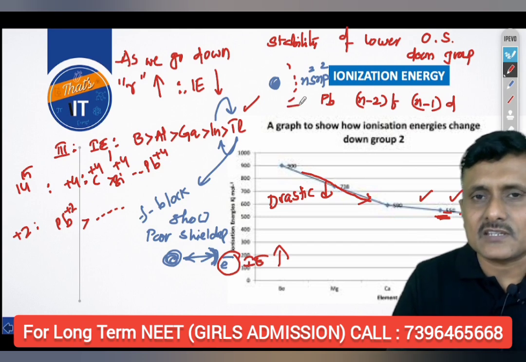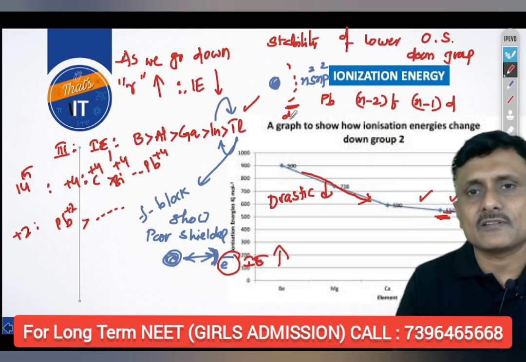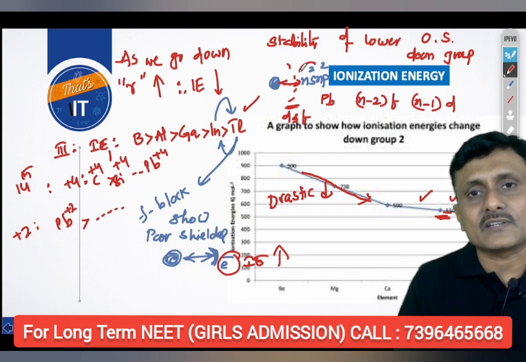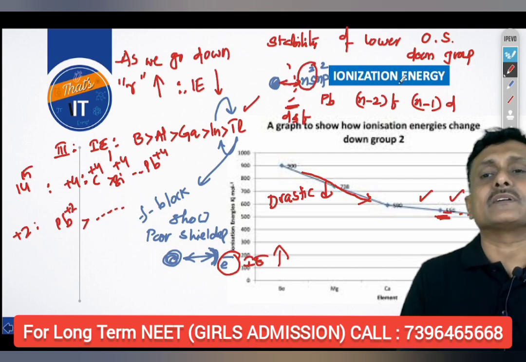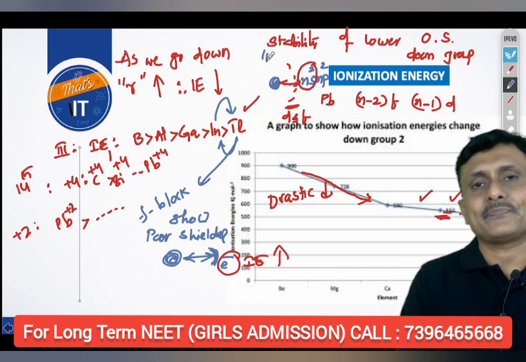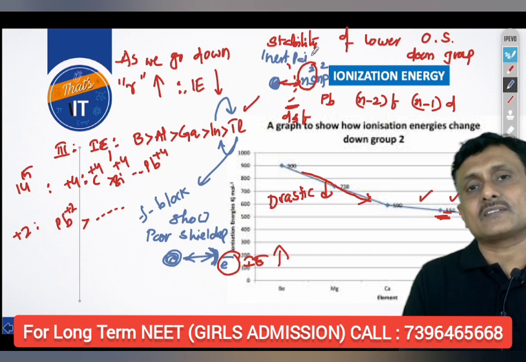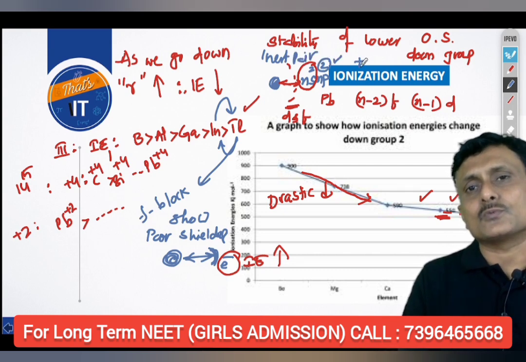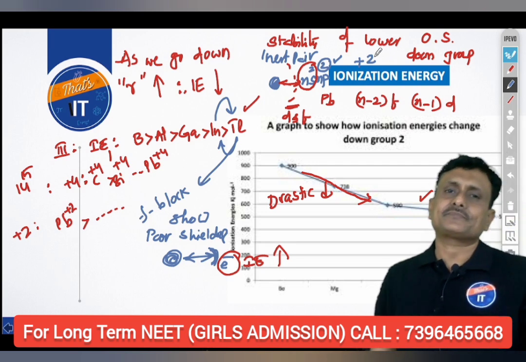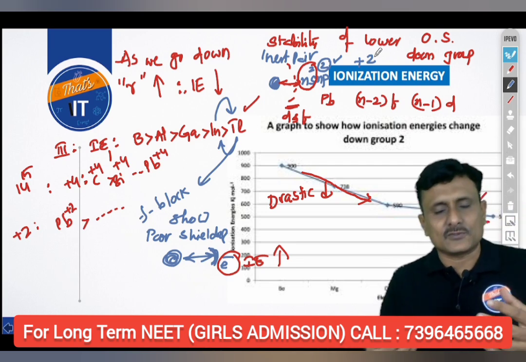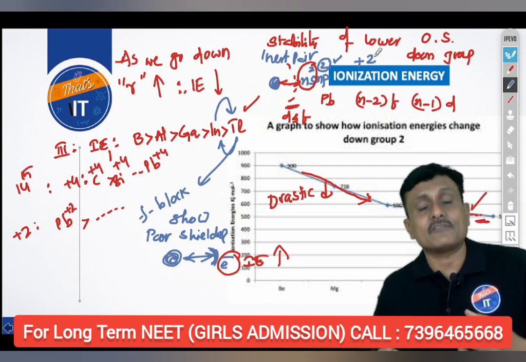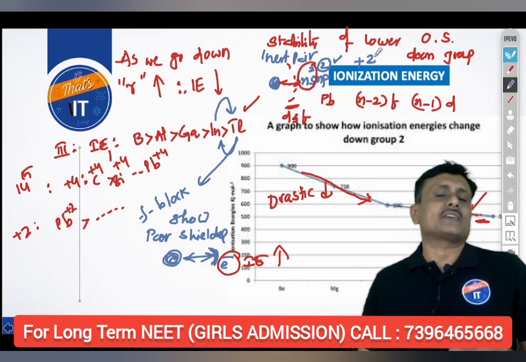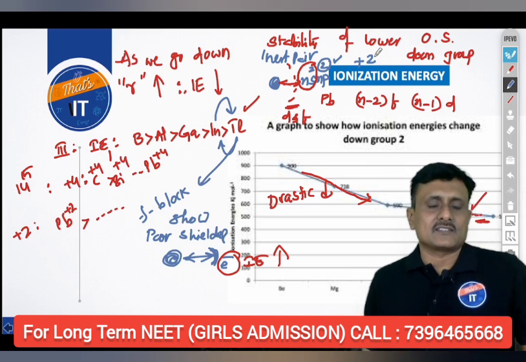So since the shielding shown by the d and f orbitals is weak, there are more attractive forces between the nucleus and these two electrons. Hence, this becomes an inert pair. That's the reason why it is able to lose only two electrons. So that's the reason why, as you go down the group, the stability of the lower oxidation state increases. Such important concepts can be explained by using the shielding effect.